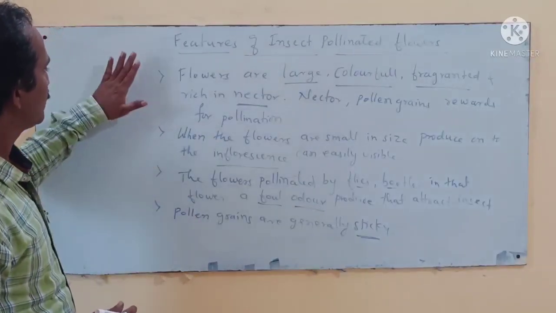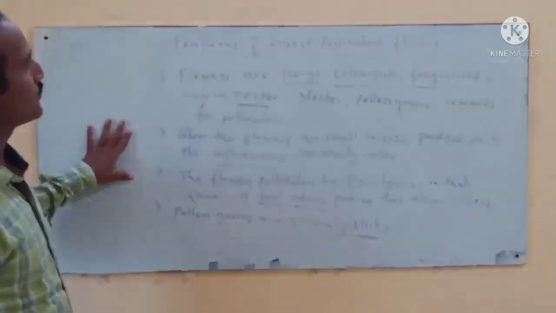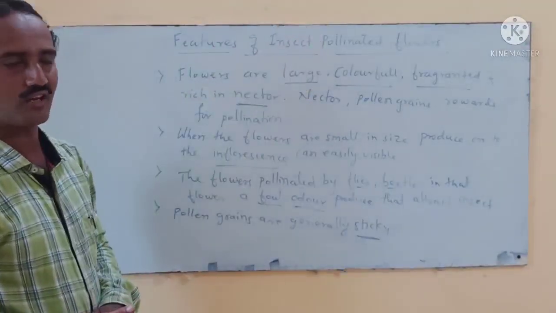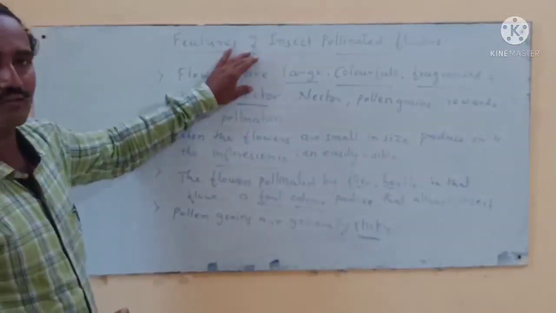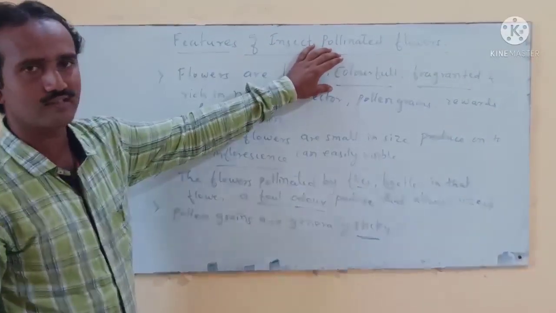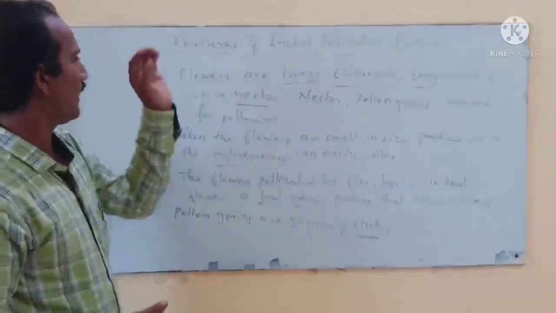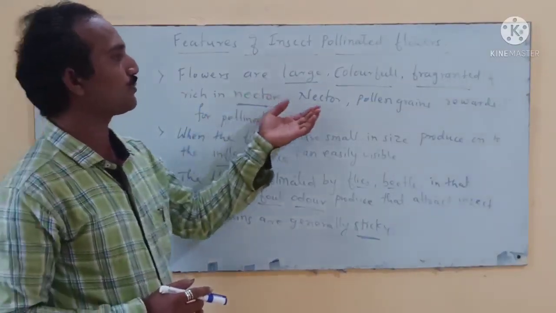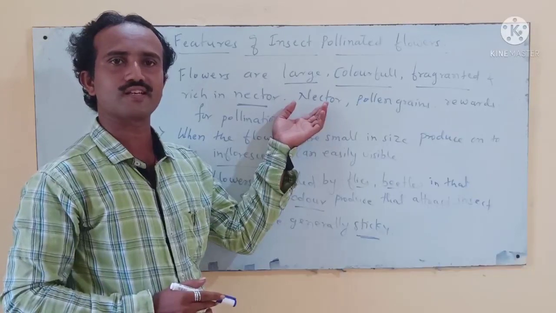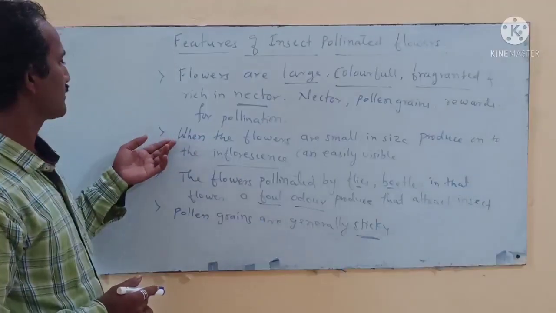So these are the 4 features observed in the insect pollinated flowers. One is that the flowers are larger, colorful, fragrant, and rich in nectar. And this nectar and the pollen grains are the rewards to the insects for pollination.